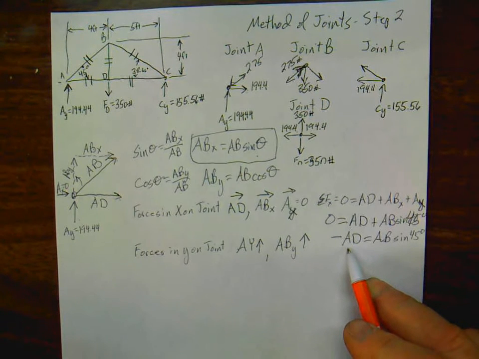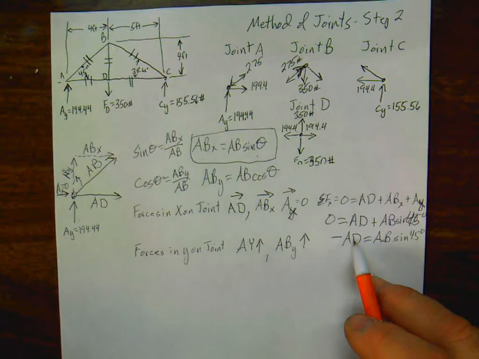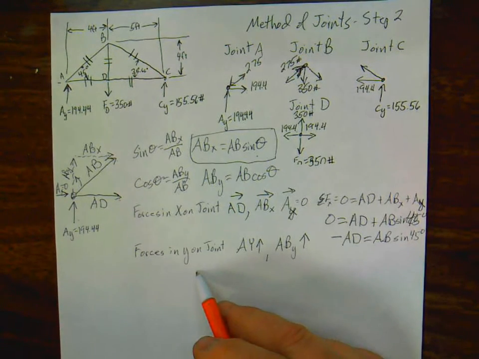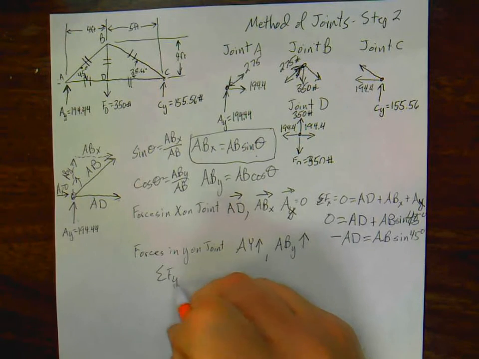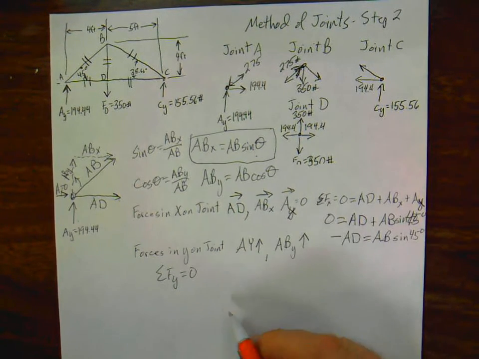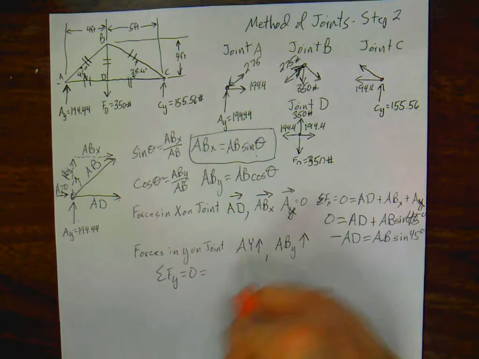So as we sum the forces in the Y, they're going to equal 0, which will equal AY plus ABY.